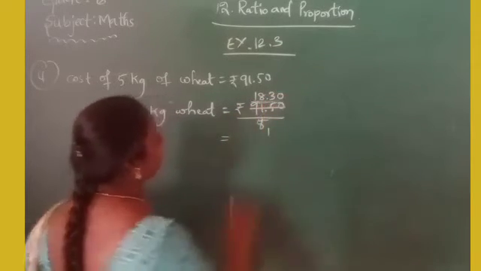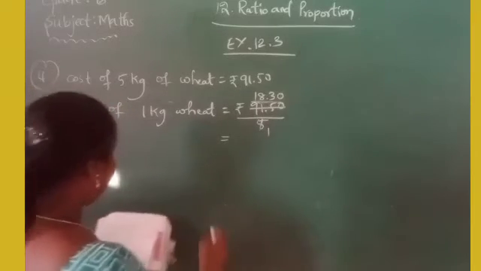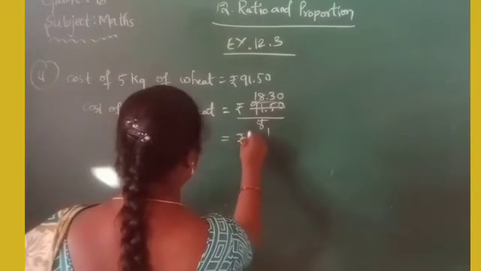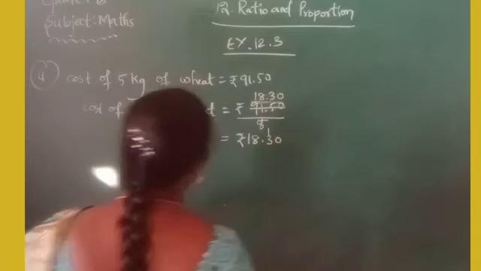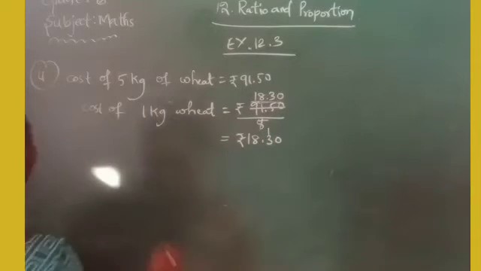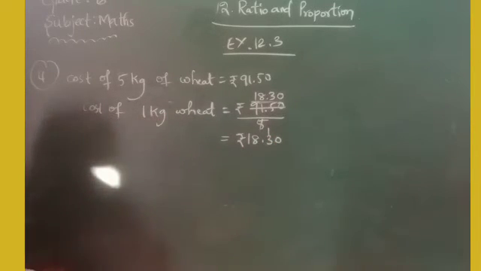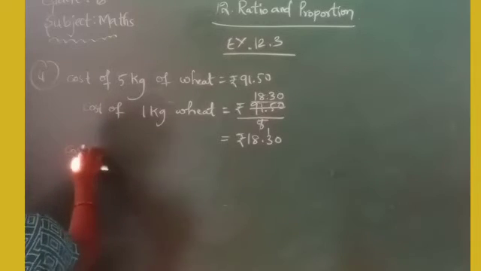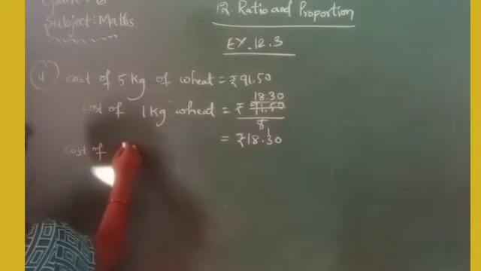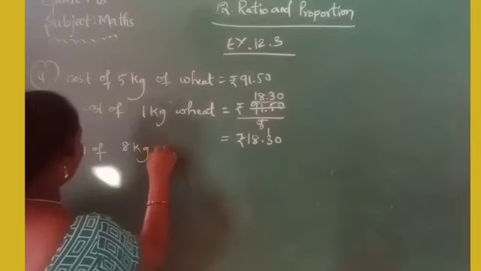That is 18.30 rupees. So 18 rupees 30 paise is the cost of 1 kilogram of wheat. Similarly, what is asked, the cost of how many kgs? 8 kgs of wheat.